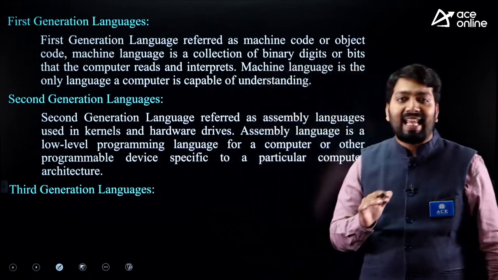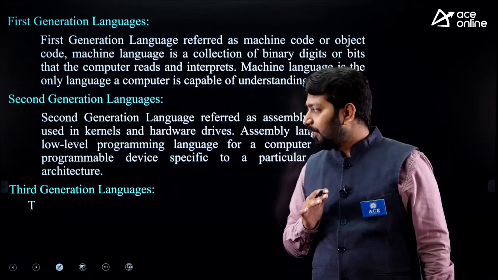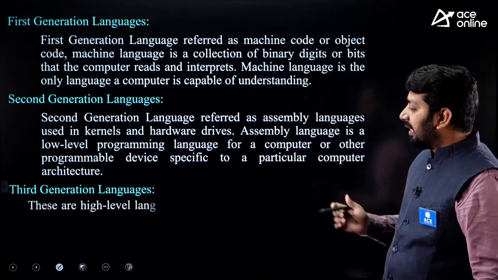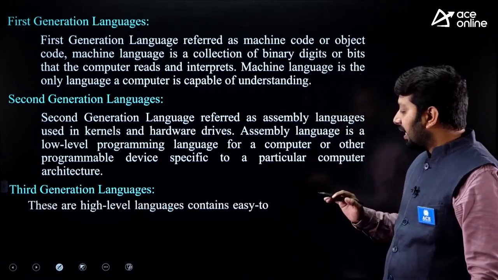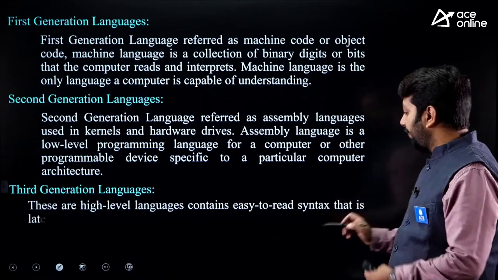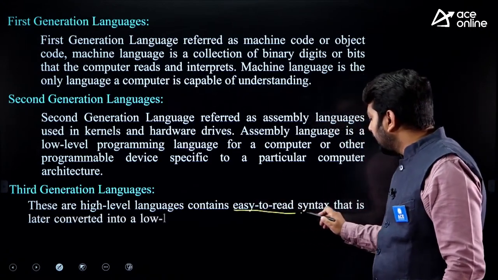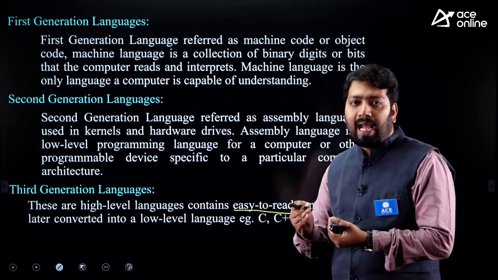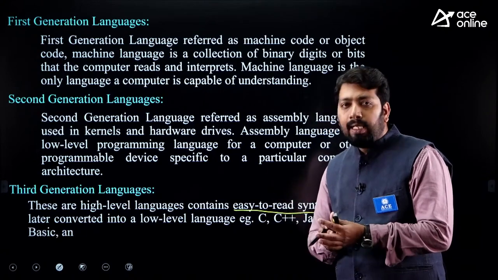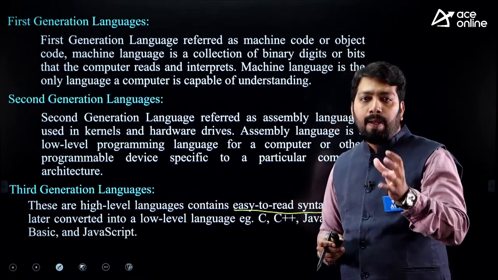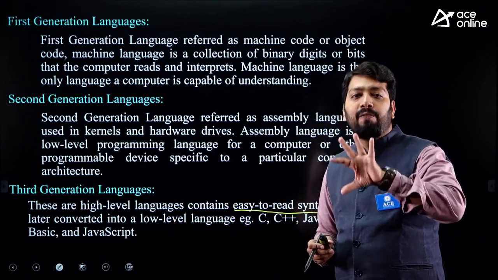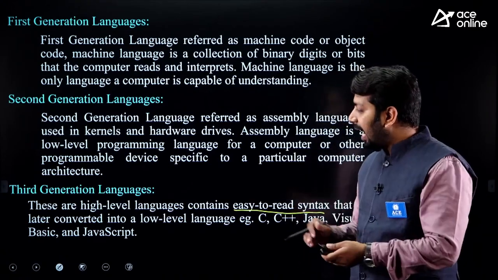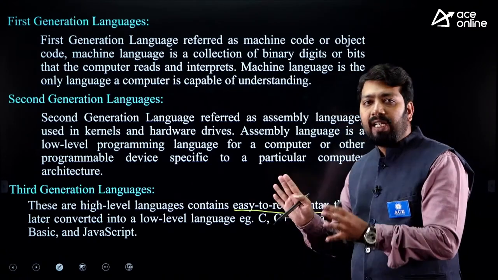That means our C language, Fortran, comes into the picture. Fine. These are high level languages, easy to read. That means these languages are more or less like human language. Which human language? We use English. So they are more or less equivalent to English.